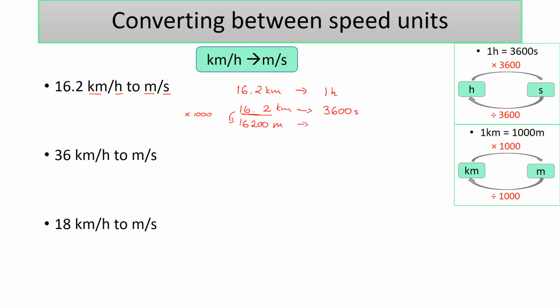And that is still in 3,600 seconds. Now, I don't want the speed per 3,600 seconds. I want it in 1 second. So here I want to have 1 second. So I need to divide that time by 3,600. But now if I divide this by 3,600, I'll have to do the same here.